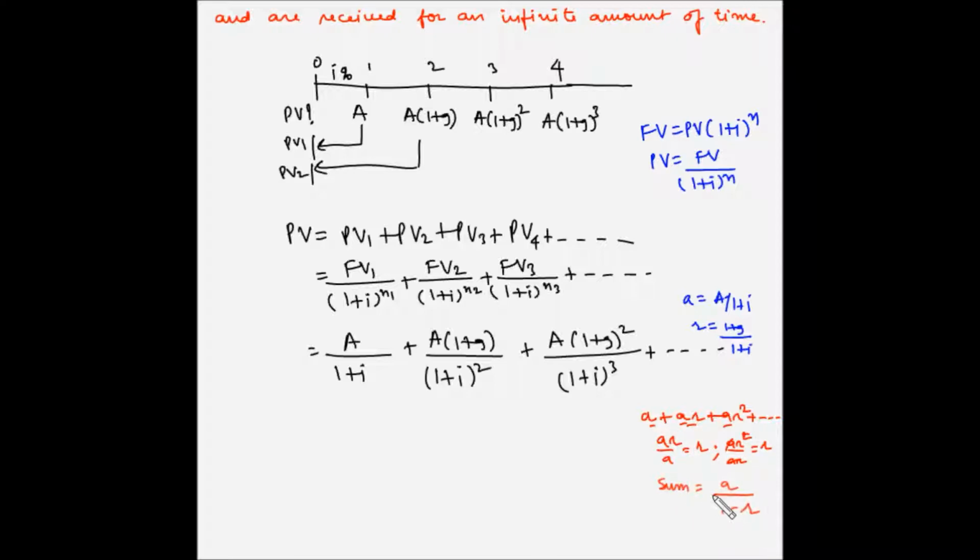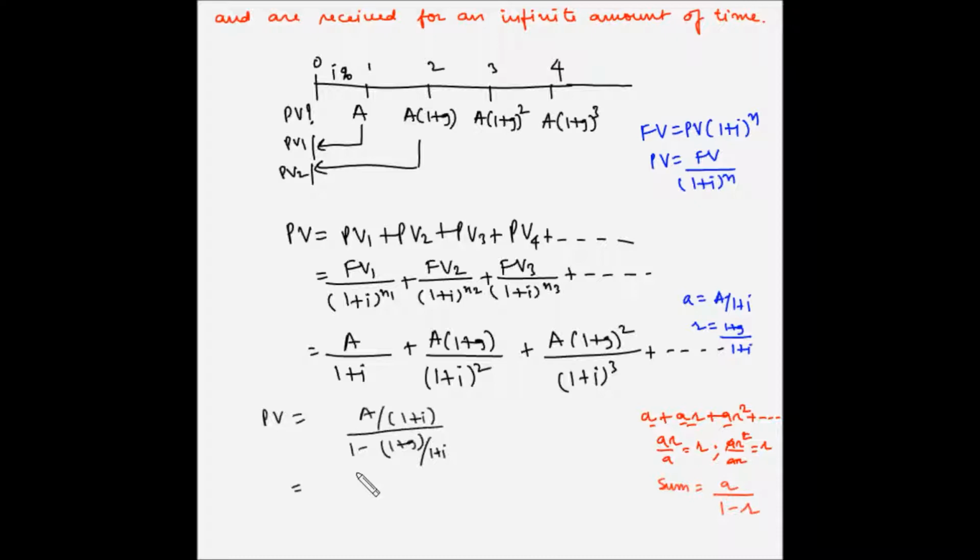So let's apply this sum here in our present value formula. So present value is equal to, now a is A divided by (1 + i), so A divided by (1 + i) divided by 1 minus r, which is (1 + g) divided by (1 + i).